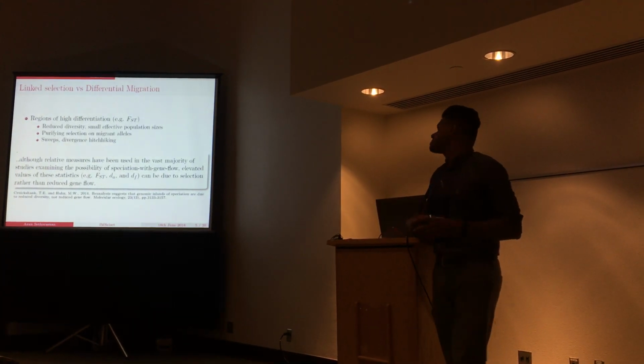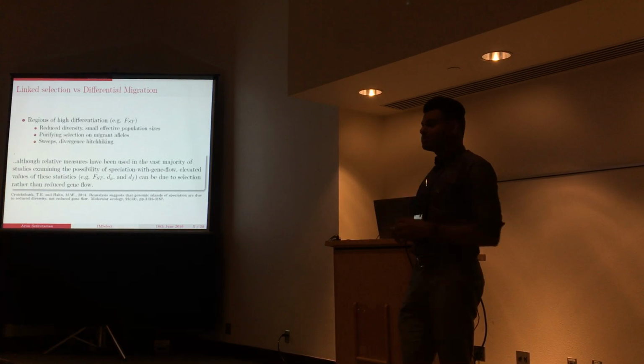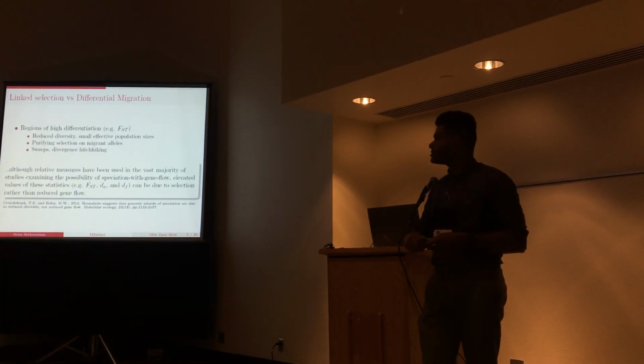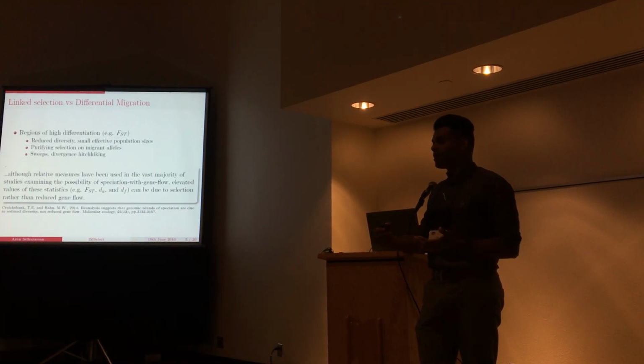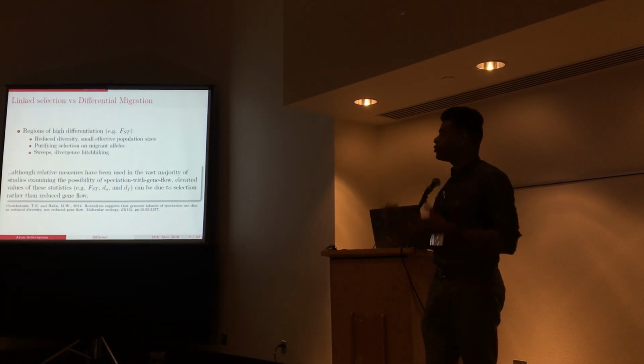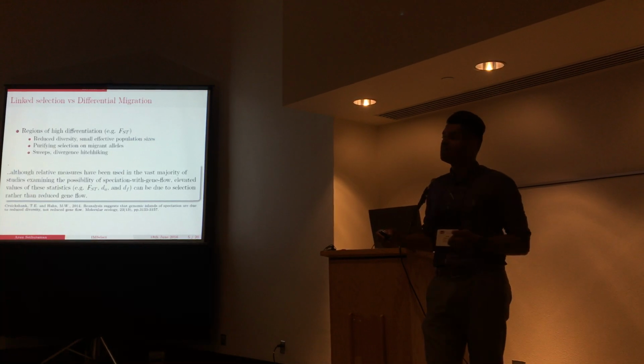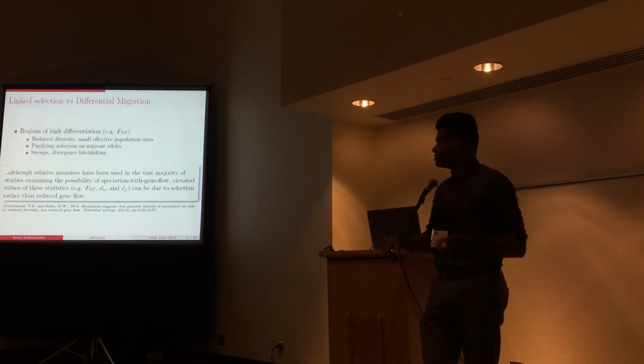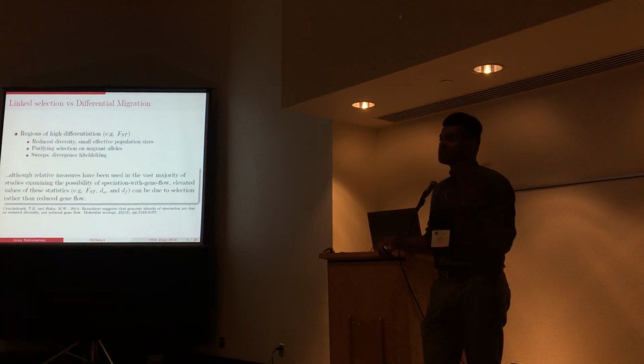The problem with these kinds of studies using FST or DXY or summary statistics is that what you're really looking at are these regions of high differentiation. What you're capturing at these loci are reductions in effective population size or reductions in diversity. And this could be due to multiple reasons.